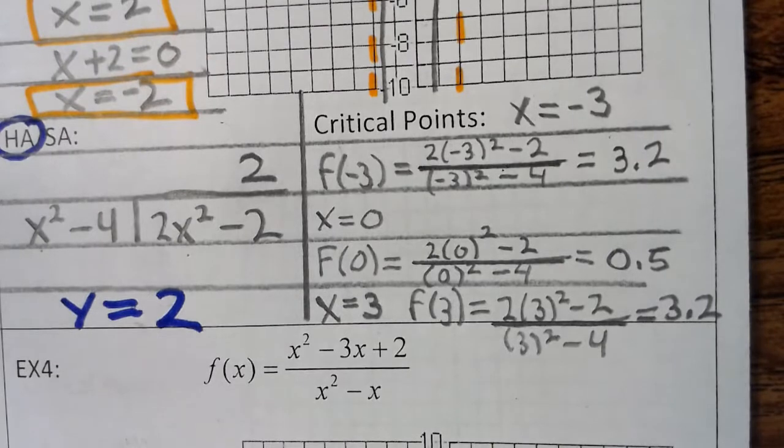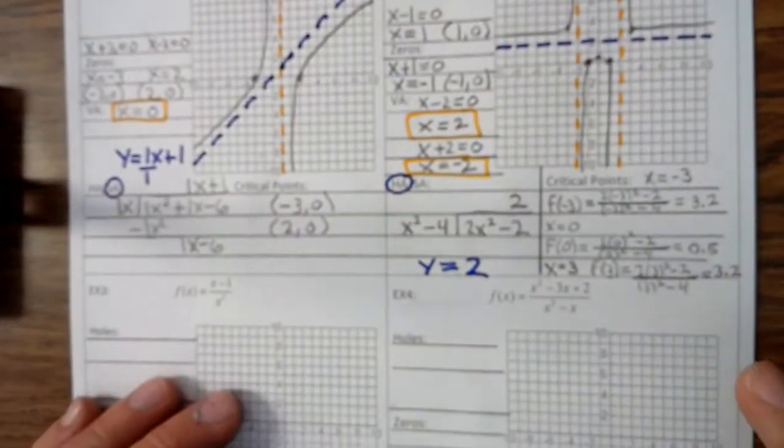There we go. So I'll give you a second to take a look at that if you had trouble seeing that. All right, now let's get back to the next example.